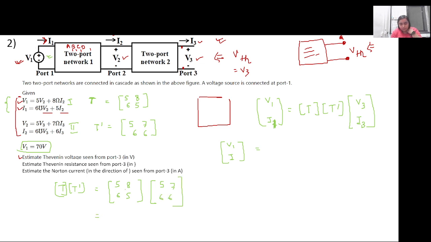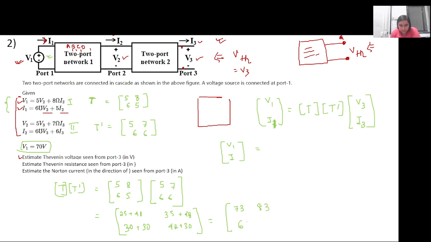Let us calculate this matrix. 5 into 5 is 25 plus 48 is 73.